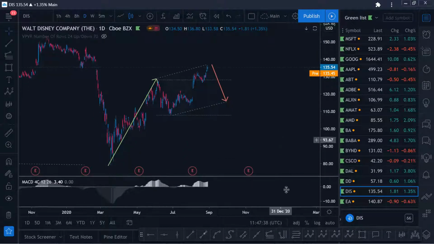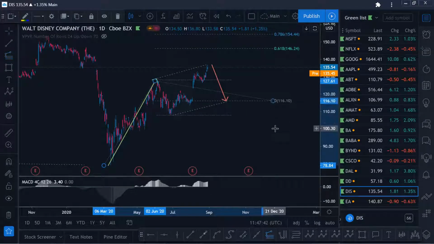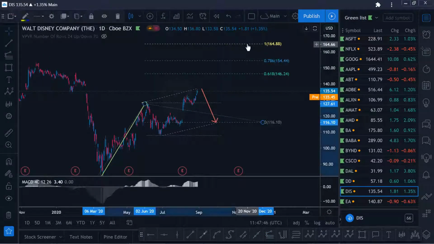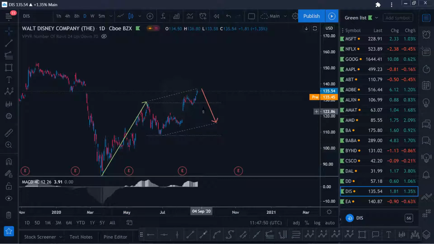And your upside targets would be in the ballpark of around 150 all the way up to potentially 165, 170, somewhere there. So keep an eye on that to play out later in the month for a nice long trade in Disney.